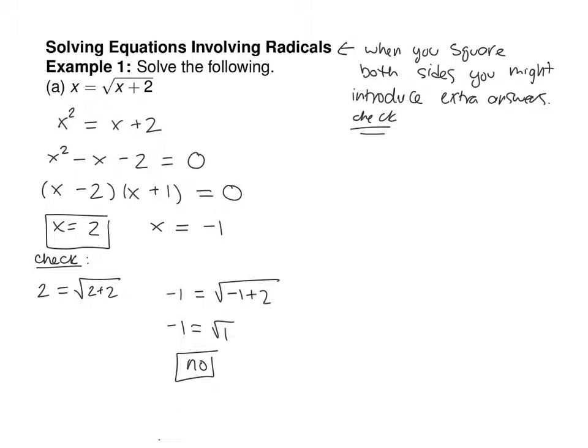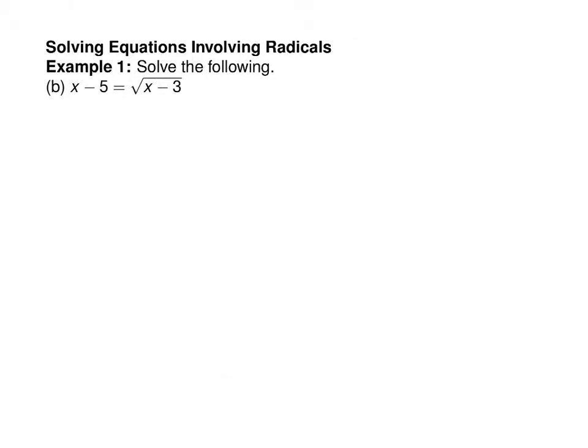Okay, so same idea, square both sides. I'm going to make a mistake on purpose. What did I do wrong? You missed the middle term. I missed the middle term, right? So everybody should know x minus 5 squared isn't x squared plus 25.